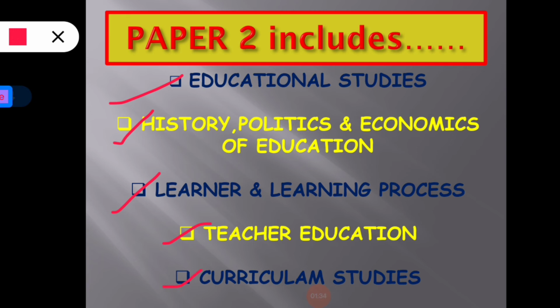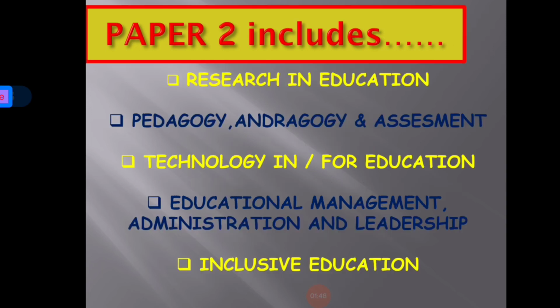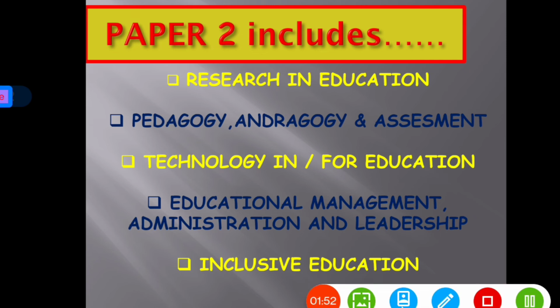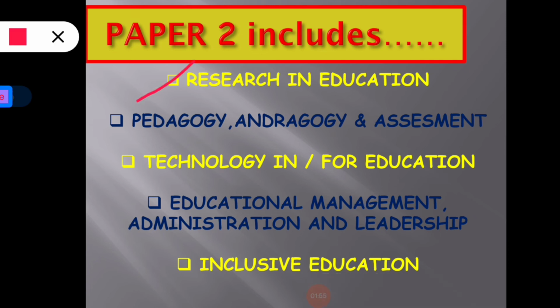So curriculum studies basically discusses the models of curriculum and curriculum change and the factors of curriculum change, etc. Okay, so now move on to the next, the sixth unit, that is research in education. So research in education is basically a research related chapter, and the total statistics portion falls under this unit.